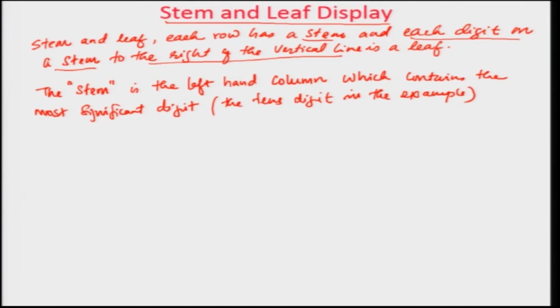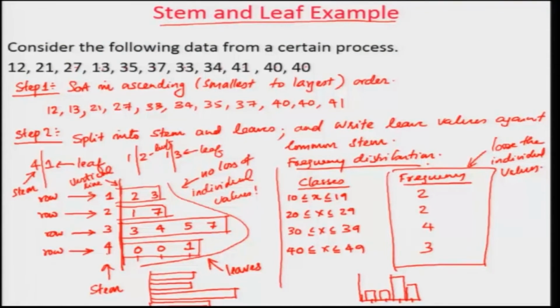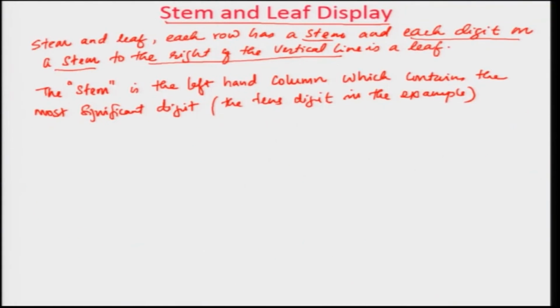Okay. So, if you look into this, these are the most significant digits in this case. Okay. So, that is what we are doing here. So, the tens digit is being used in this example, which is the left hand side.